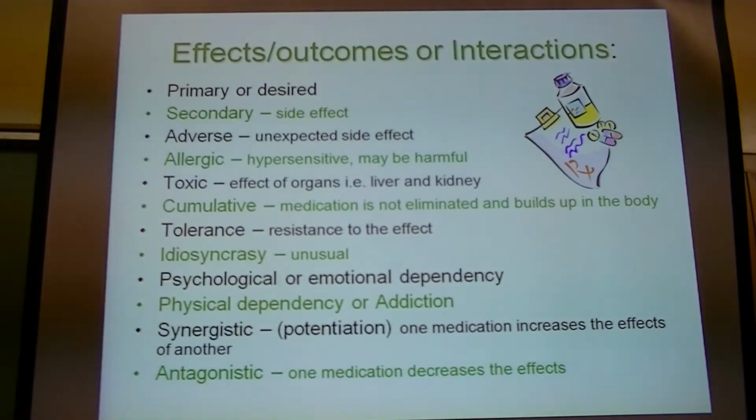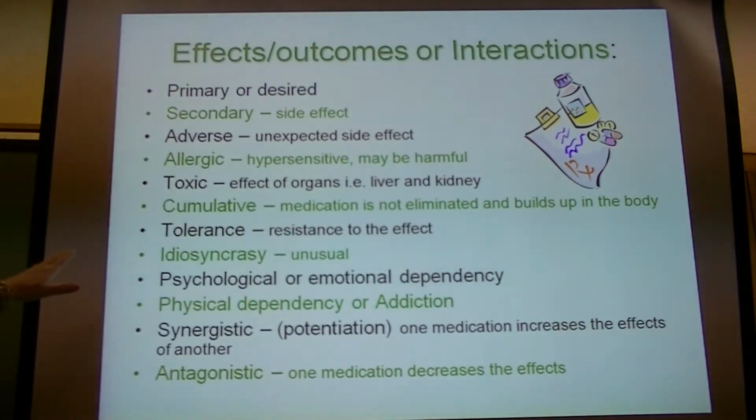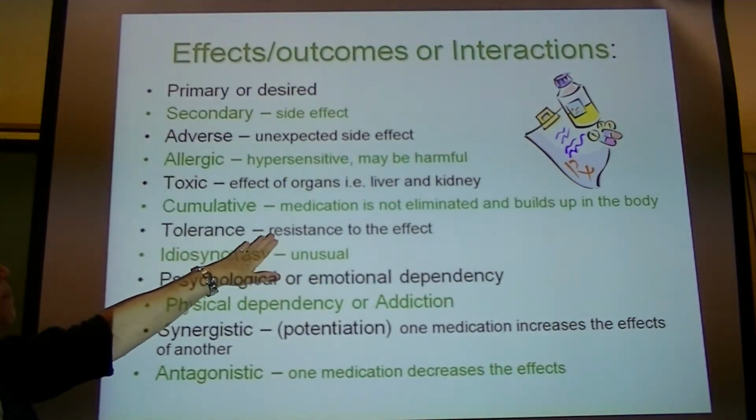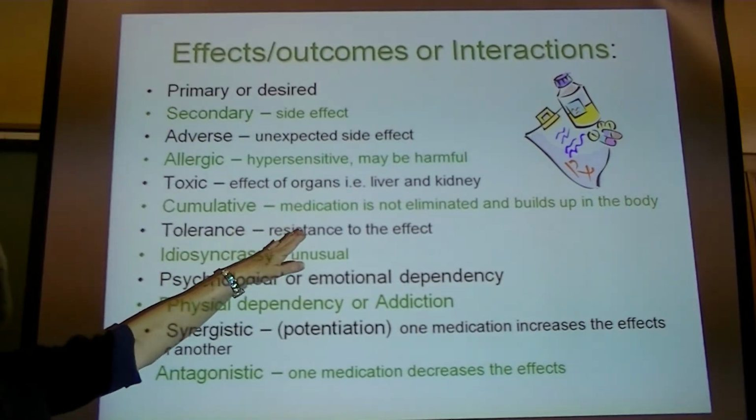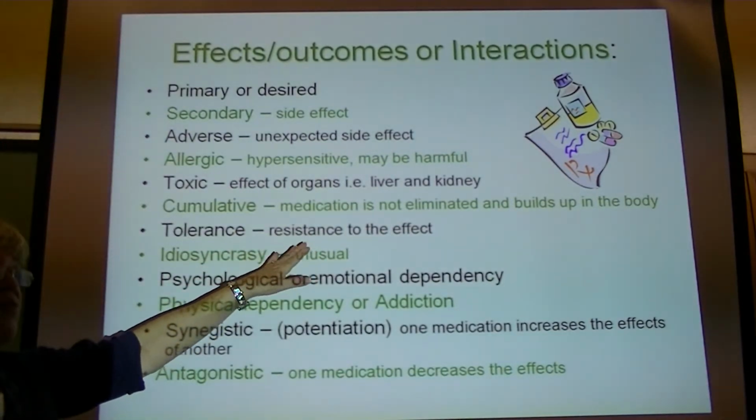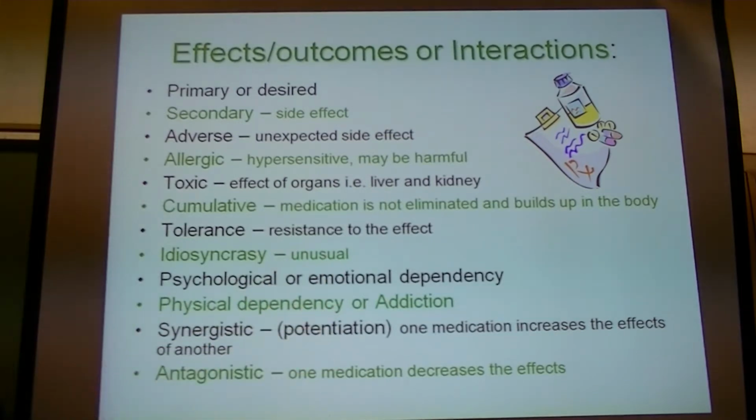Cumulative. That's not a word we use a lot, but if something accumulates, it's growing. And if you have a buildup because the medication is not eliminated, now something's going on with your kidneys, because we know that the medicine is generally eliminated through the kidneys.